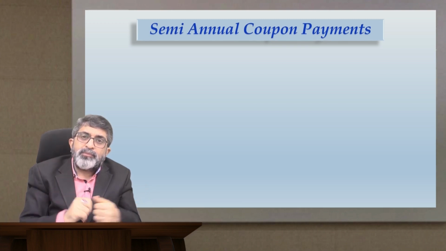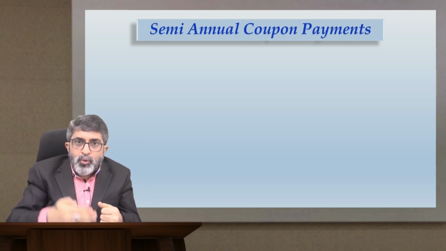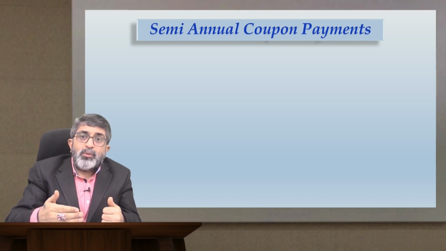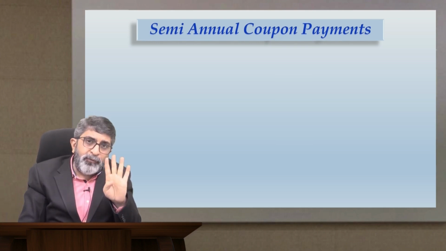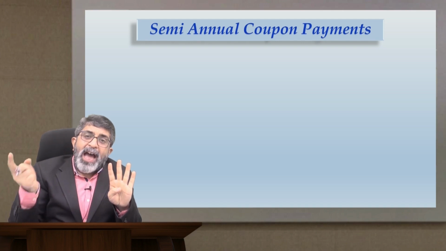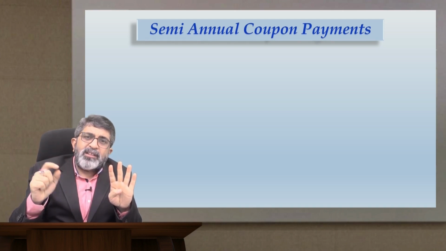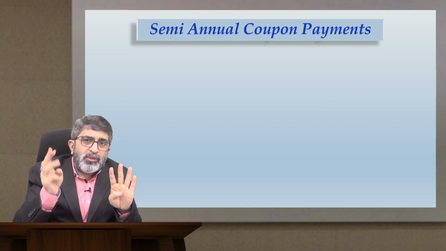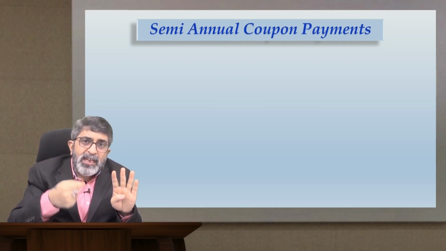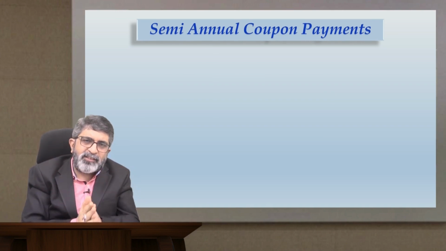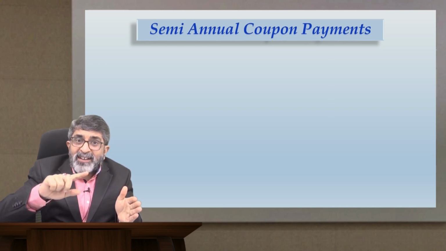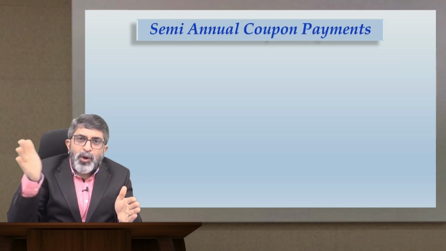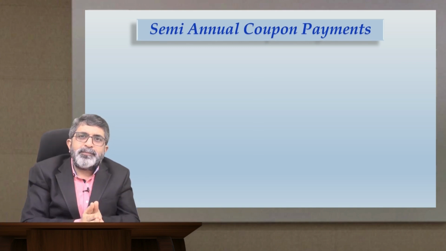So 2 years divided into half year periods, there will be 4 periods. And if the annual coupon rate is 6%, the bond will offer you 3% for every period of 6 months. So the number of periods gets doubled and the coupon rate becomes half.